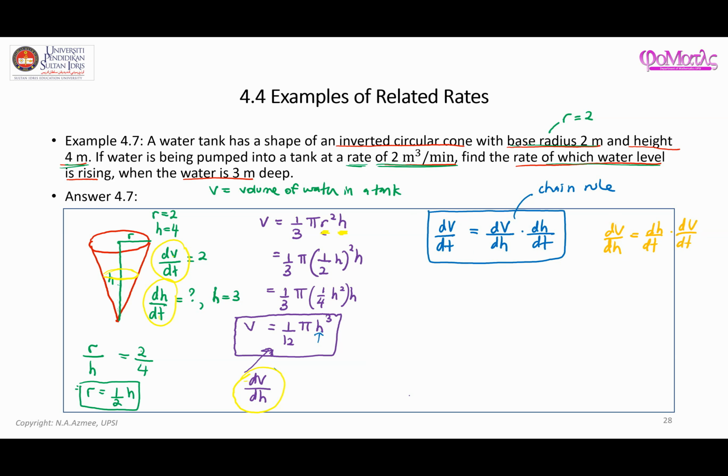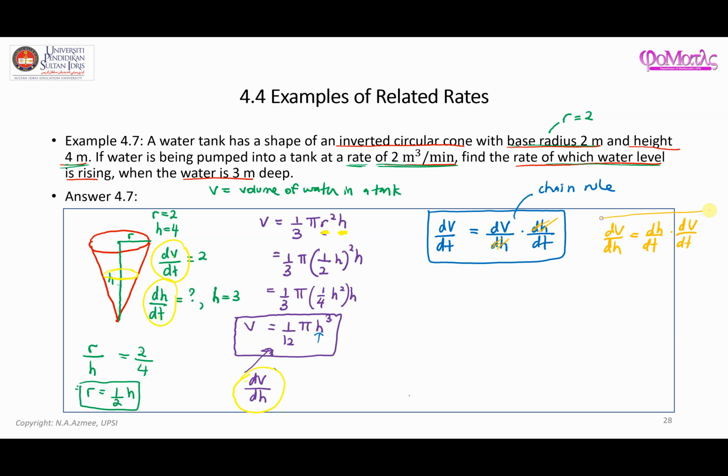When you look at this, you can think as if this dh and dh can be cancelled out, so you are left with dv/dt. So the right hand side is the same as the left hand side.